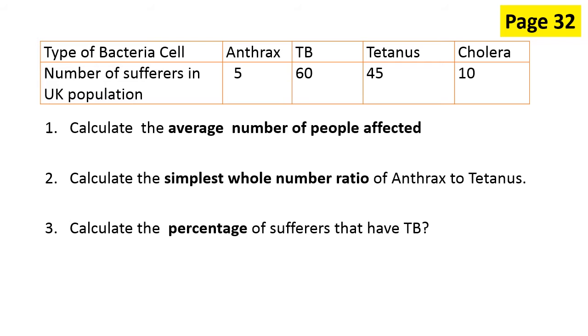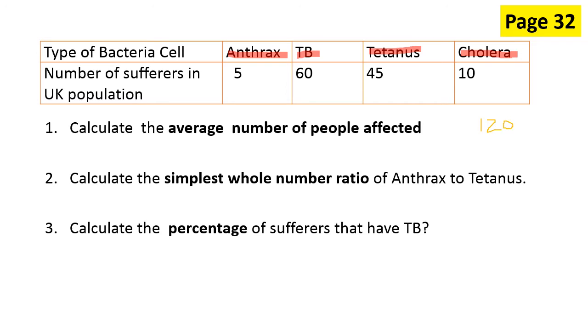The first group we have anthrax with 5, the second group TB, the third group tetanus, and the fourth group cholera. So 5 plus 60 plus 45 plus 10, anybody's quick at maths, faster than me maybe, our total will be 120.